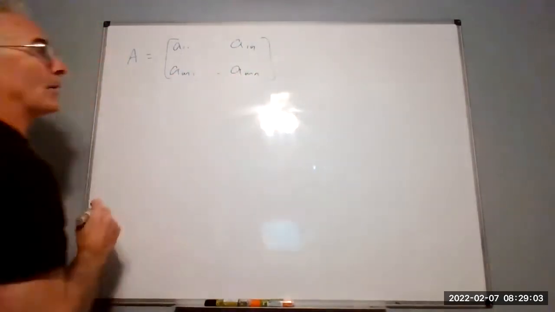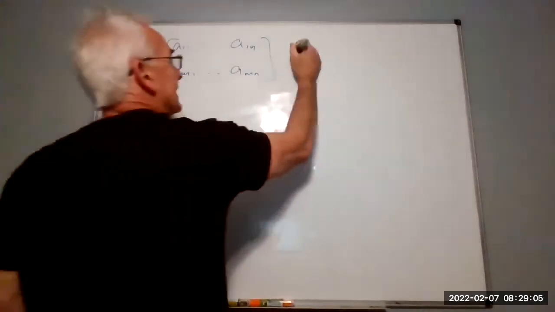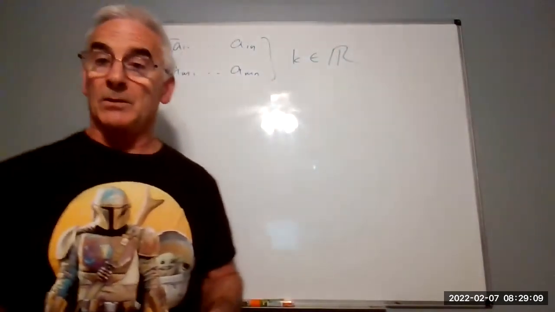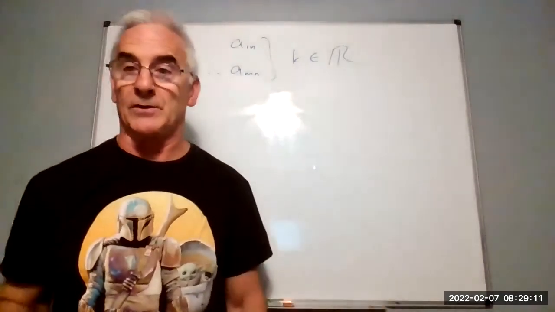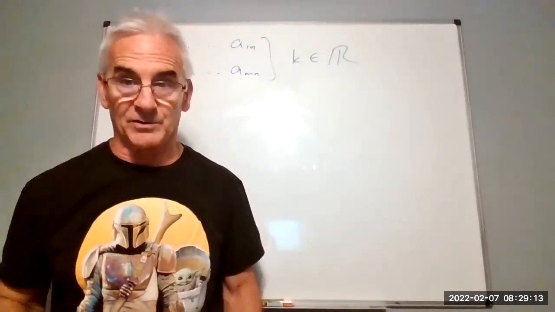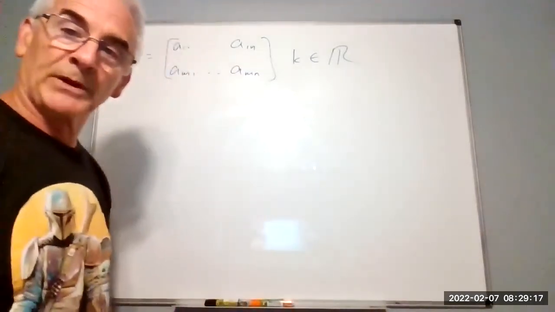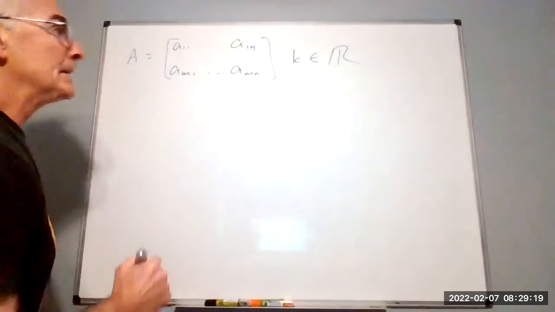I'm just going to do the generic. Then for k being a real number, I'm going to use real numbers. Much later on in the course, we're going to consider complex numbers and their role, but not for a long time. We want to master real numbers before we delve into that other realm.